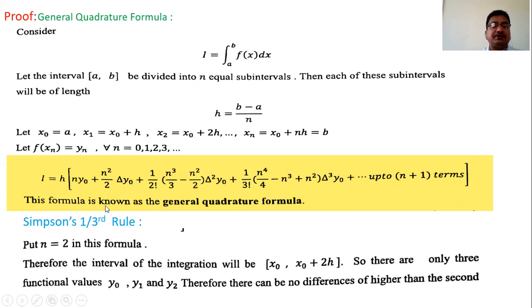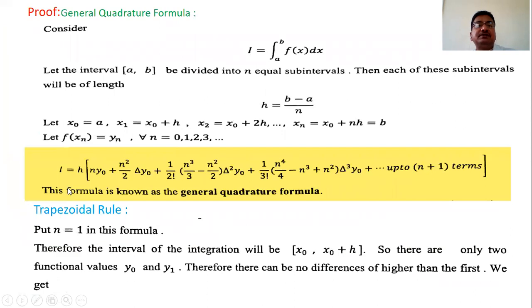like the trapezoidal rule. What is the proof of the trapezoidal rule? There we put n equal to 1. If you observe the proof of the trapezoidal rule, first set the general quadrature formula, and then substitute n equal to 1. That is, we divide the interval a to b into n equal sub-intervals, and then take integration on the first interval.